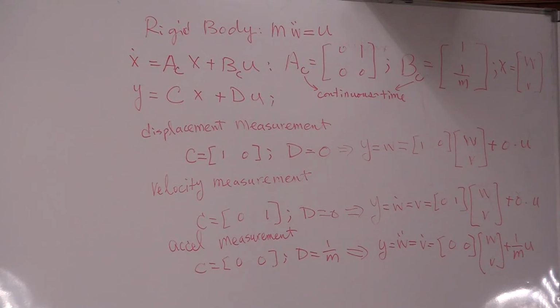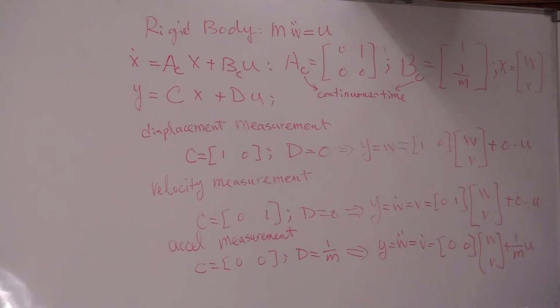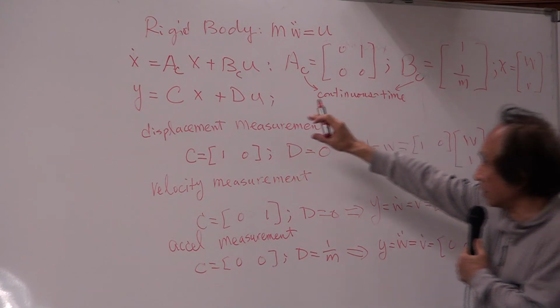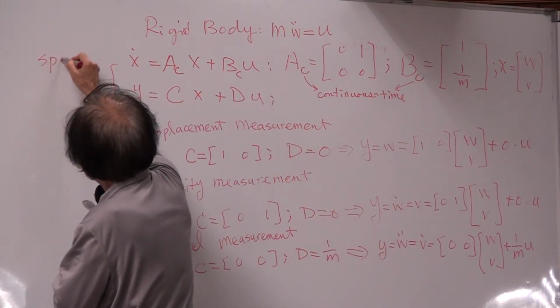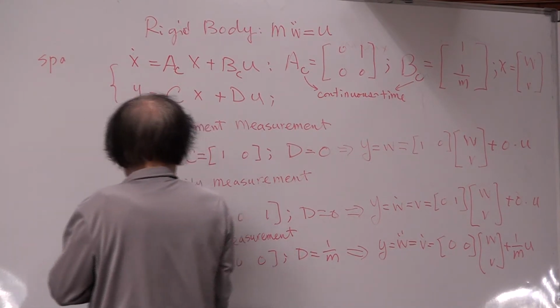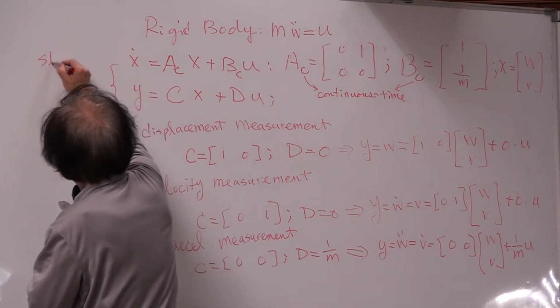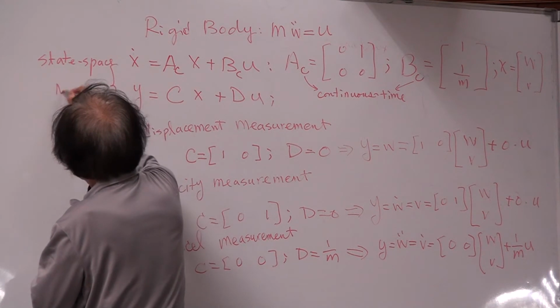It's also important to know the eigenvalues of rigid body motions are 0, 0. Eigenvalue of this is 0, 0. Okay, that's a rigid body motion. And that gives you the state space model.